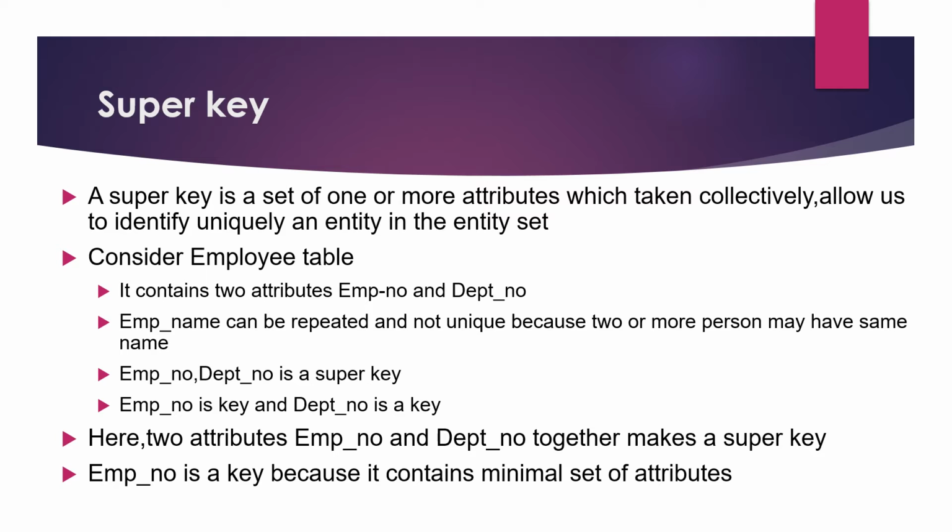Employee number is a key because it contains a minimal set of attributes. Employee number and department number may not have repeated values. So employee number and department number is a super key, and employee name can be repeated. Two or more persons may have the same name. So employee name cannot be a super key.